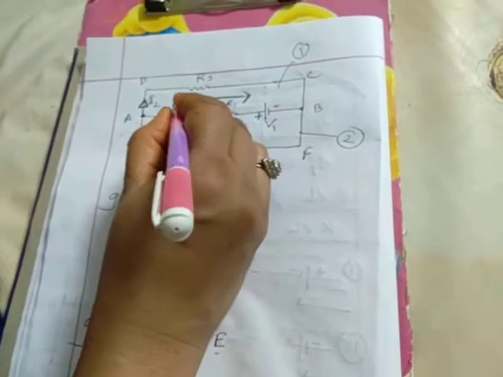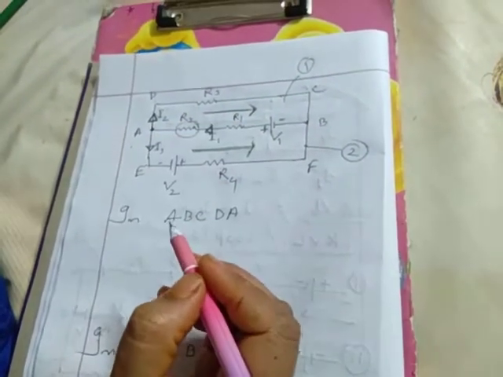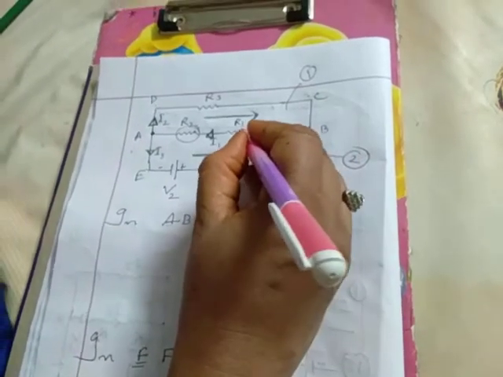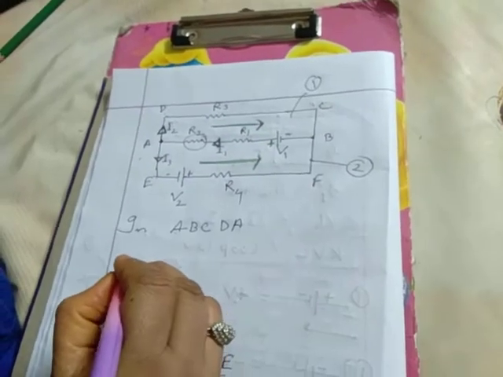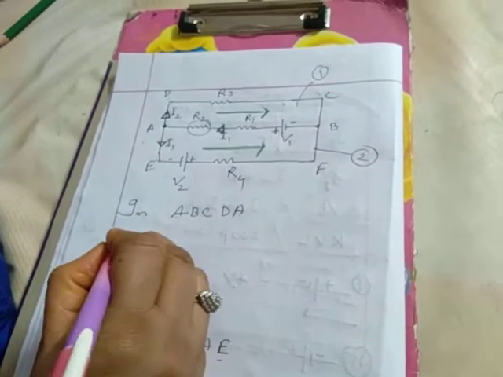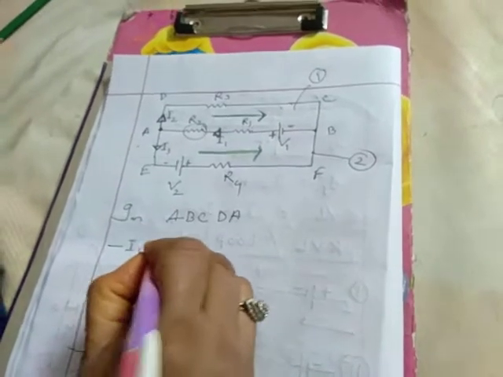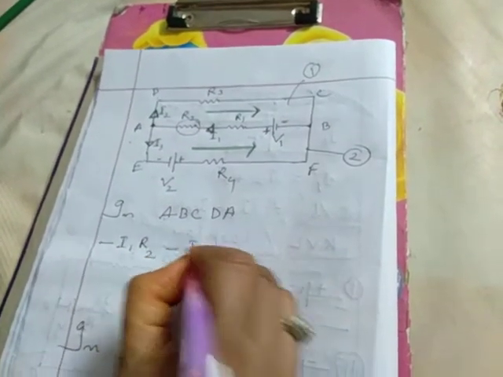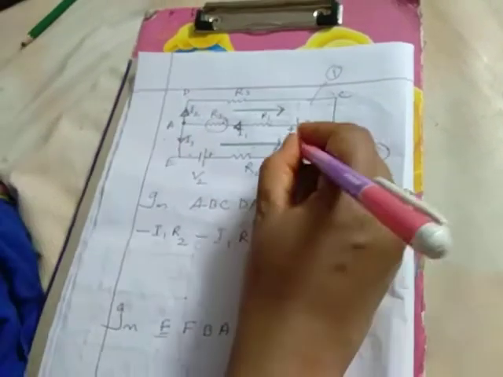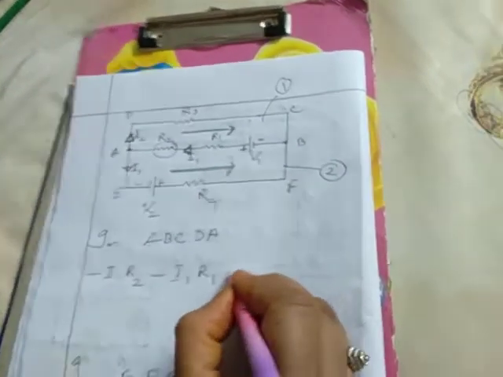So the potential difference at R2 will be I1 R2, and at R1 it will be I1 R1. But both will be negative, because you go against the direction of the current. That means minus I1 R2 minus I1 R1. Then which sign of the cell are you seeing? Positive. So you write plus V1.